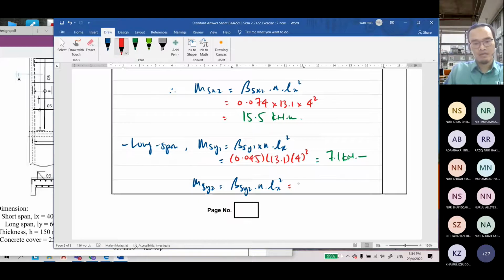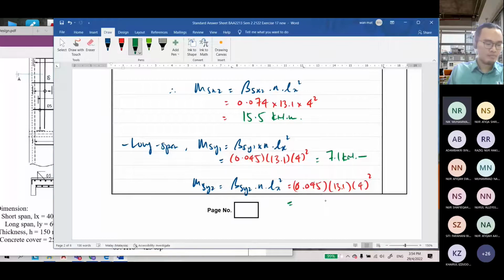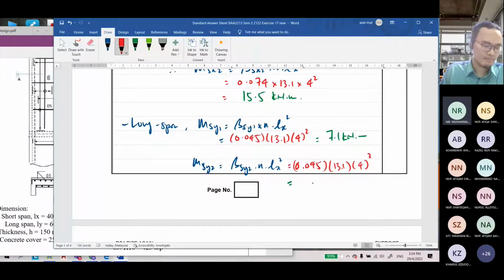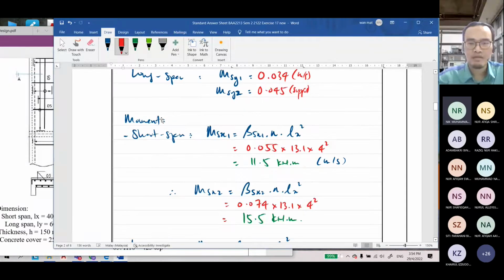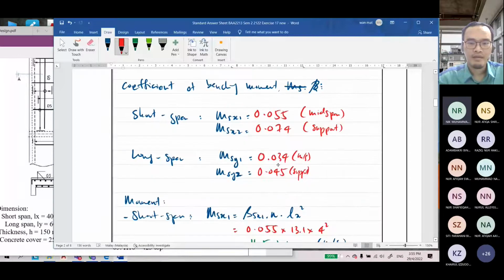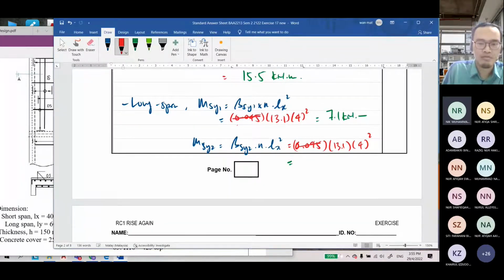And then the last one is 0.045 times 13.1 times 4 to the power of 2. Sorry, this one I had the wrong way around. For MSY1 the coefficient is 0.034, okay, this one is 0.034, and 0.045 is the other one.